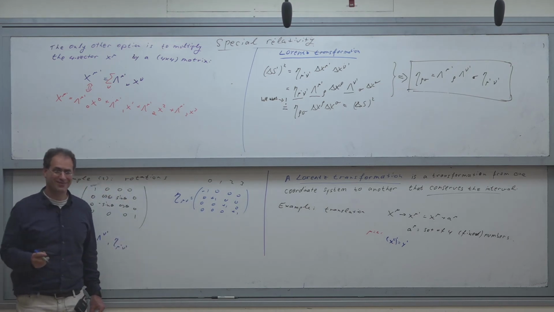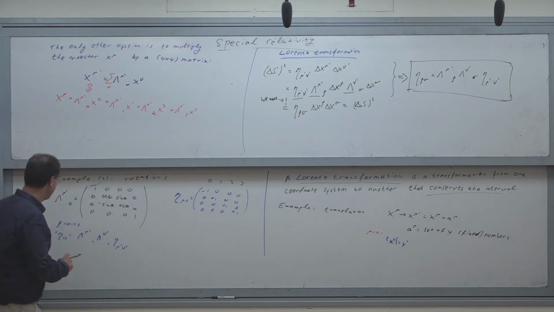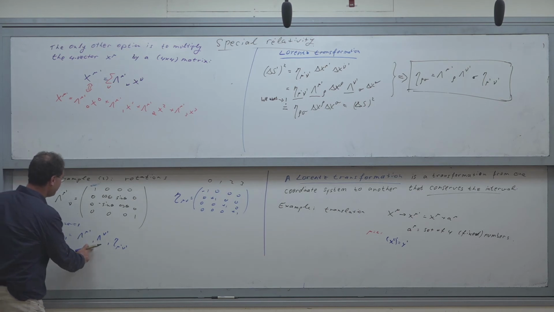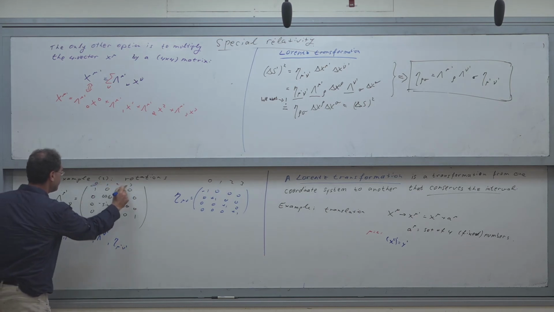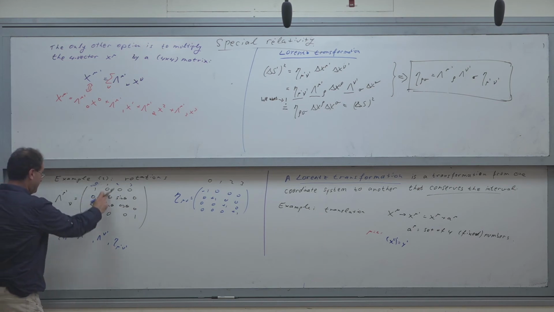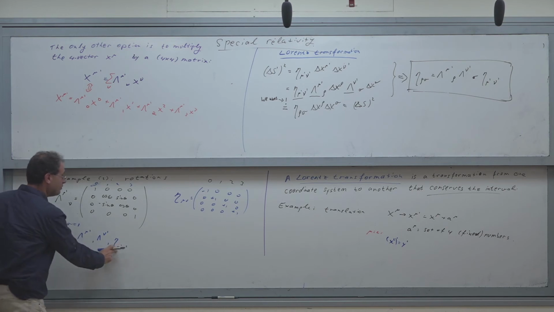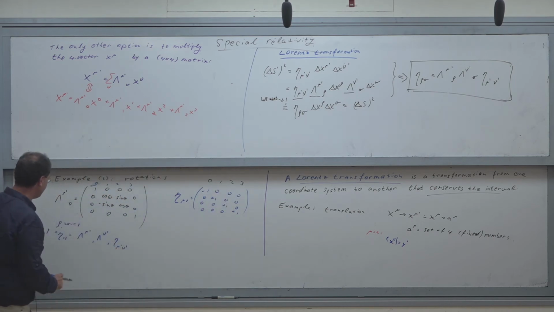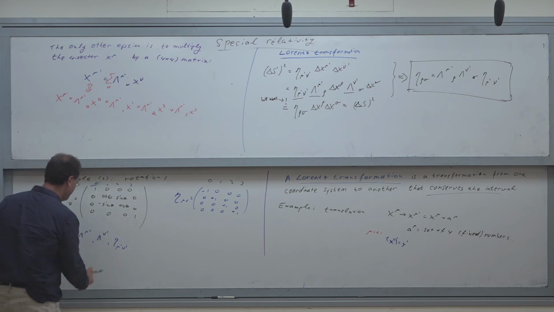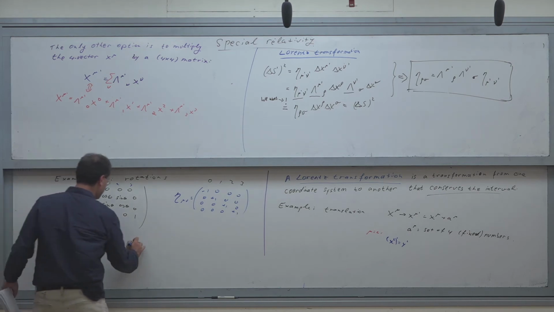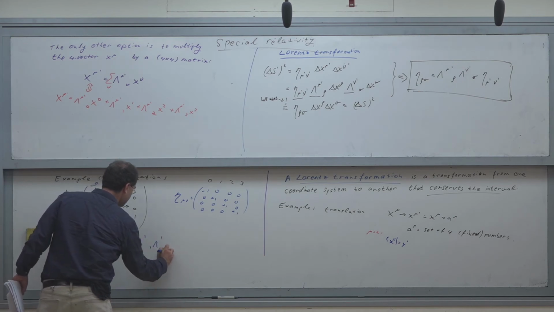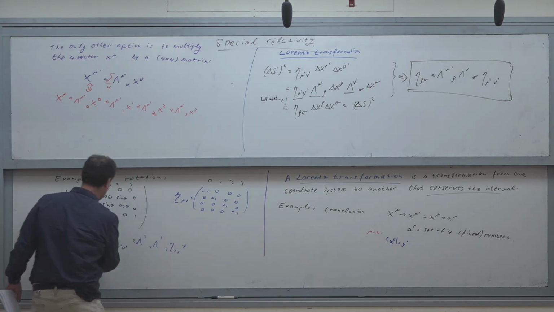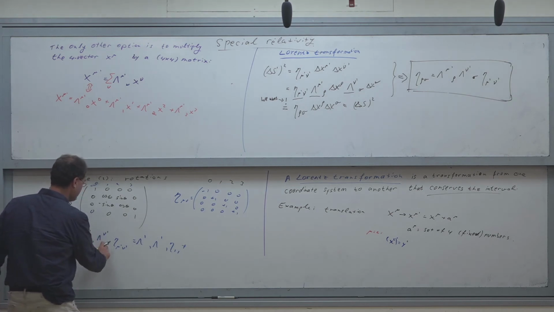It takes time to adjust. Okay, so lambda mu prime 1, lambda nu prime 1, eta mu prime nu prime. Now mu prime has to be equal to nu prime, otherwise we get 0 from here. If it's 1 and 2, it's always 0. So it has to be the same. So we have lambda 1, 1, lambda 1, 1, eta 1, 1, plus lambda 2, 1, lambda 2, 1, eta 2, 2.